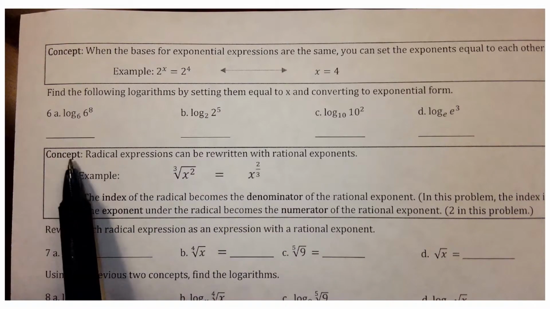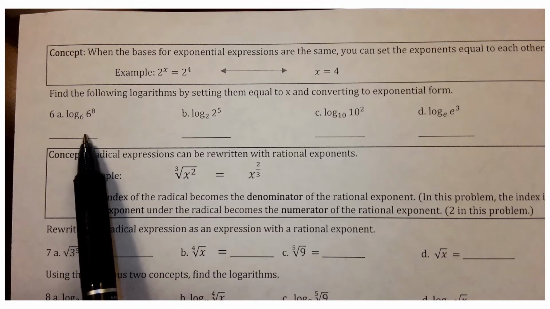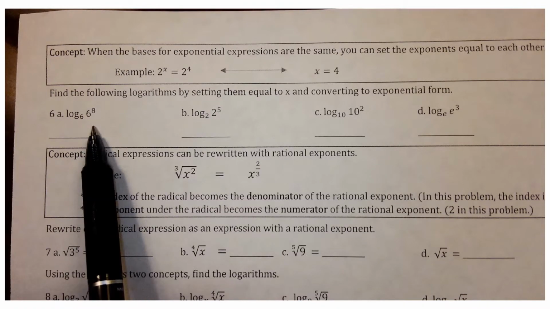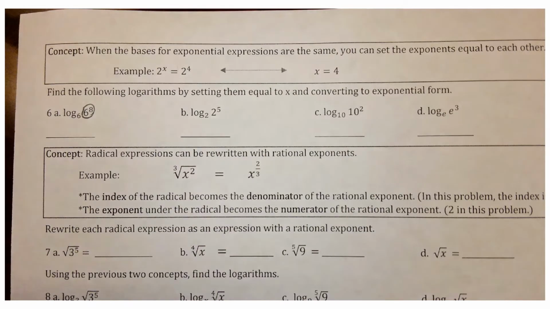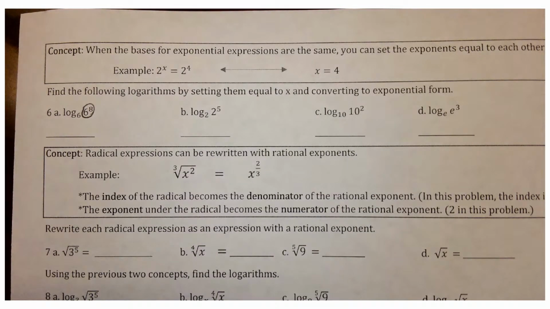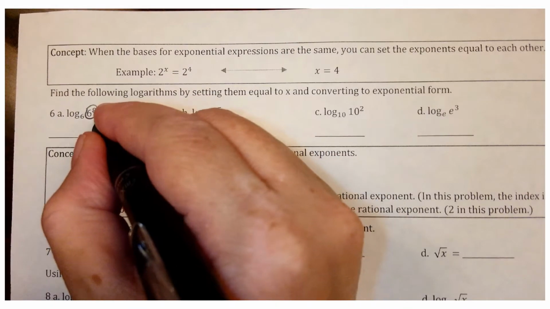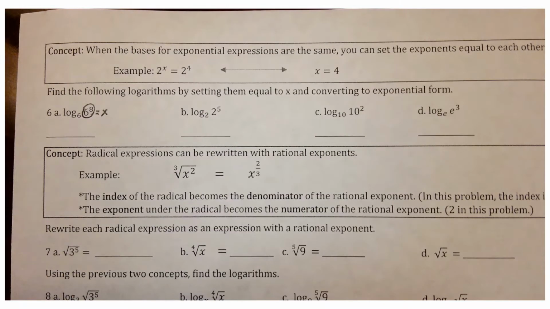Let me do what we've been doing on the previous 4 problems. Let's do that with this one. And I want you to think of 6 to the 8th as all the same expression. Those are kind of attached together. So we're going to set it equal to x. And we're going to convert to exponential form.